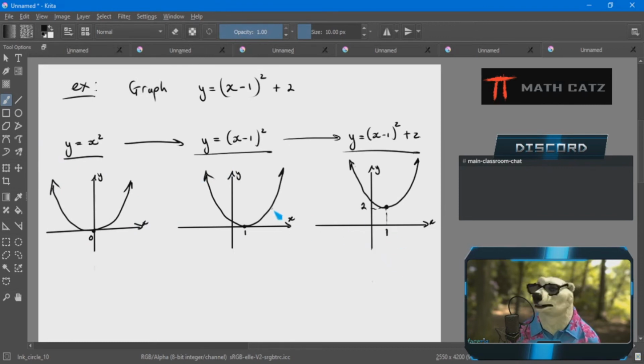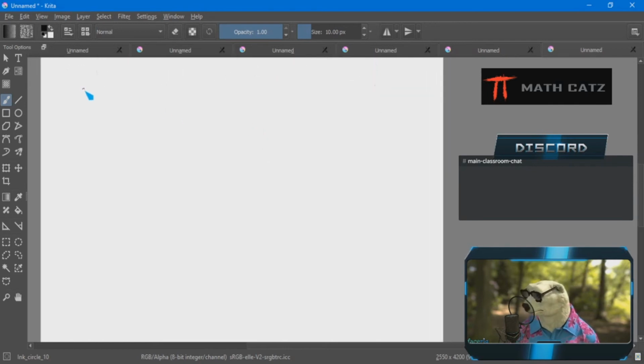Okay, so I want to see more transformations. Let's at least introduce a couple more to give us a little more room to move and see some variety in our examples. Next, I want to look at, which one do I want to do next? Let's say y equals 2 times x squared.